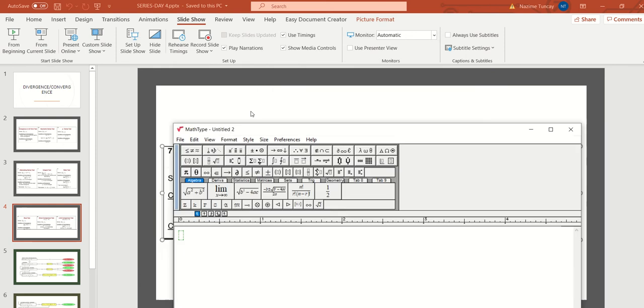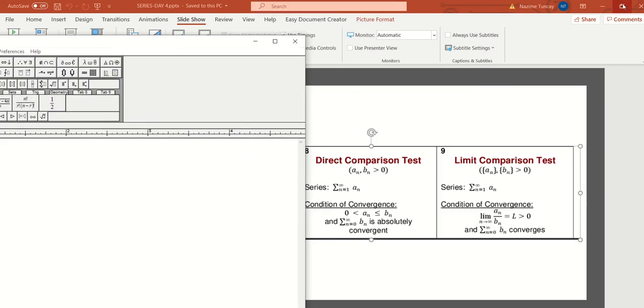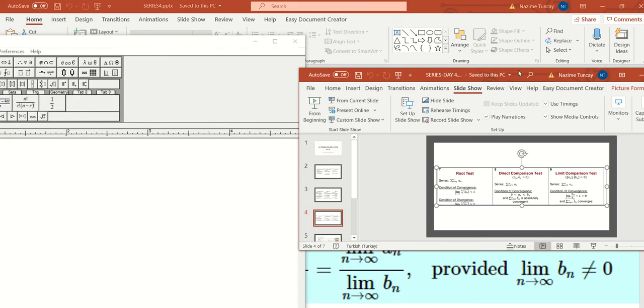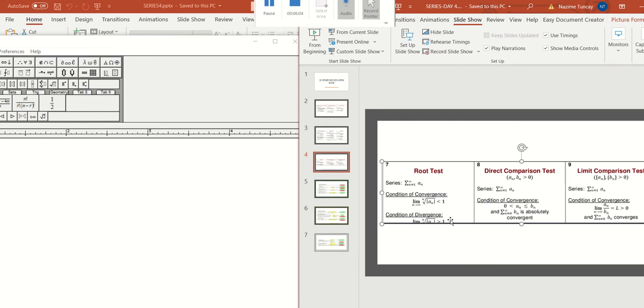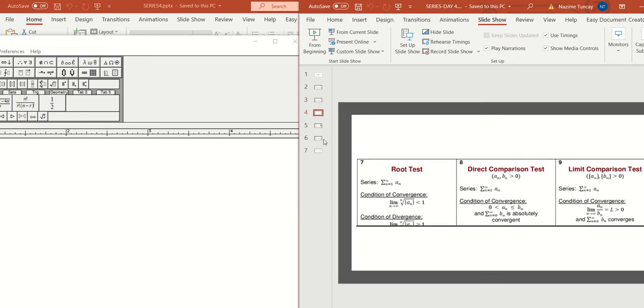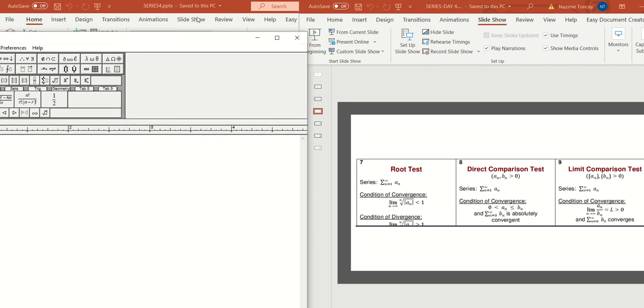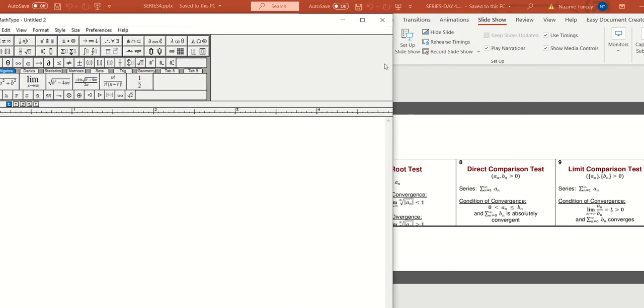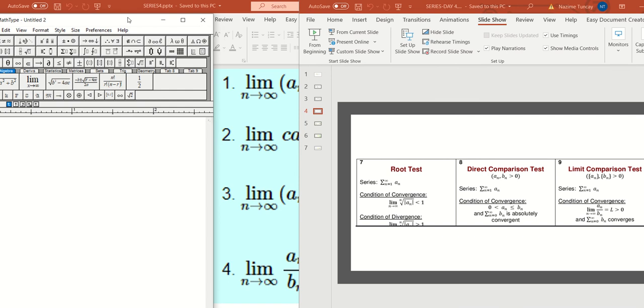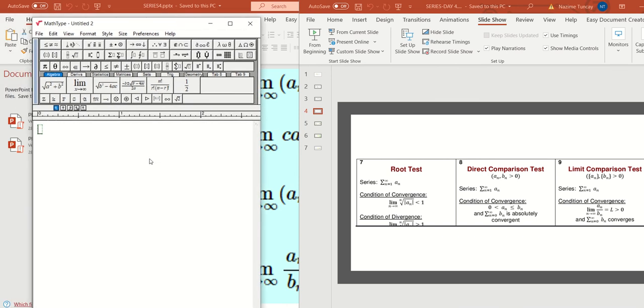I'm trying to arrange my page and maybe make this smaller. Okay, so in the root test, I'm going to make this smaller to see this right here.